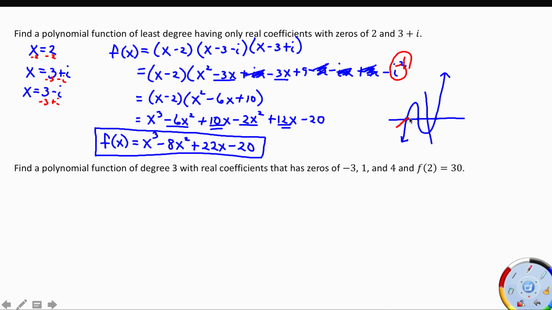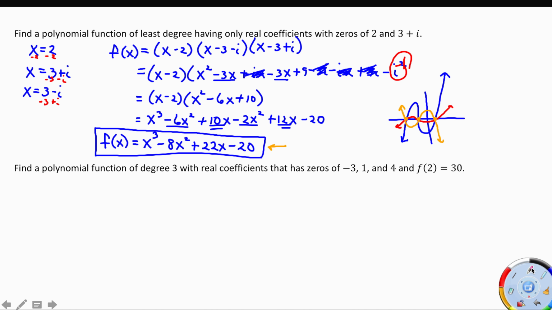What about this one? That has the same 3 zeros. Or what about this one? Has the same 3 zeros. So this is just a function that has those 3 zeros.